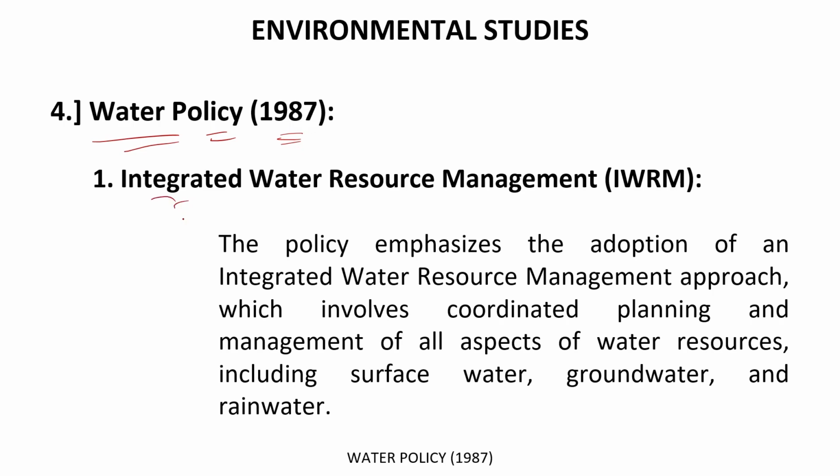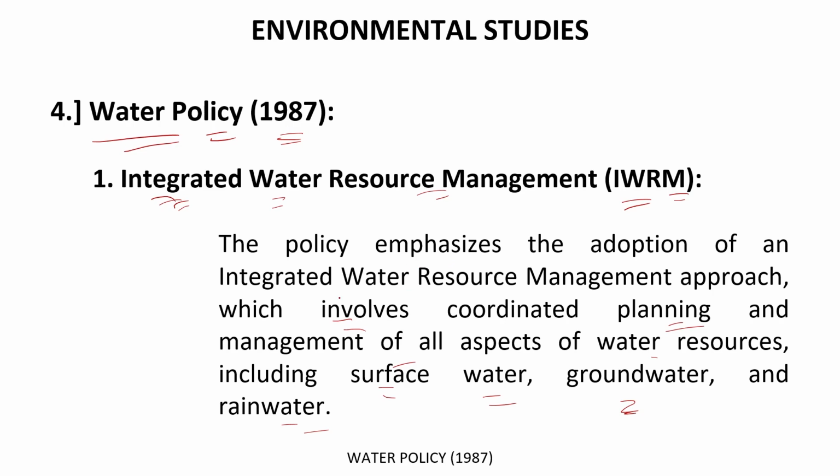The first thing provided by the water policy of 1987 is integrated water resource management, IWRM in short. The policy emphasizes the adoption of an integrated water resource management approach, which involves coordinating, planning and management of all aspects of water resources, including surface water, groundwater and rainwater.